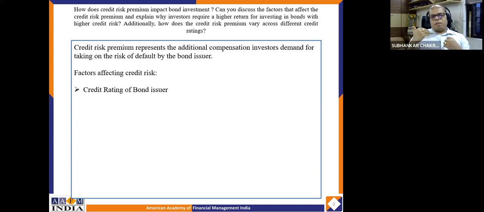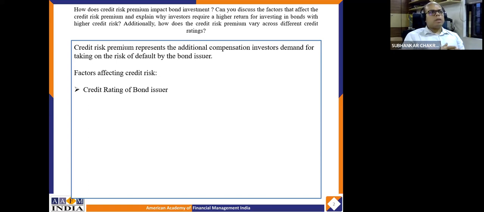And as much trust as the bond will have, the premium will be low. So if you are investing in a bond whose issuer has a higher rating, then you need not worry much about your principal loss, and for that the investors will invest at a lower premium.